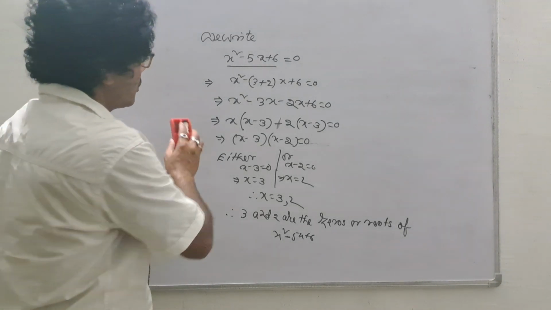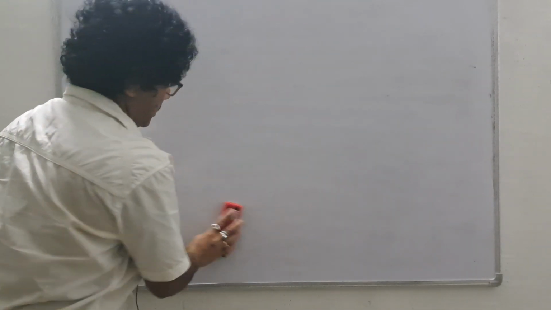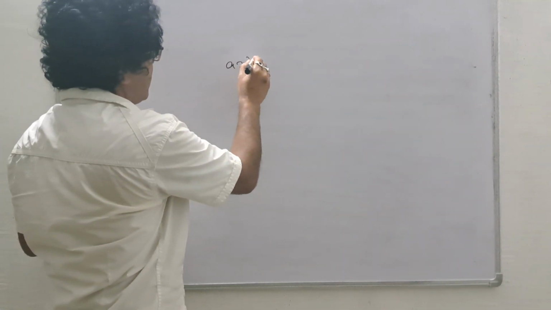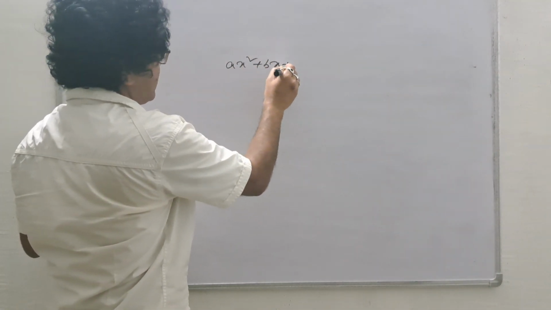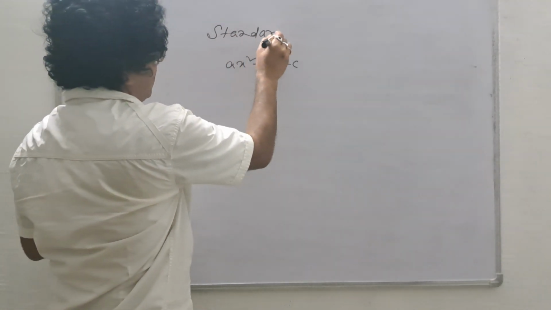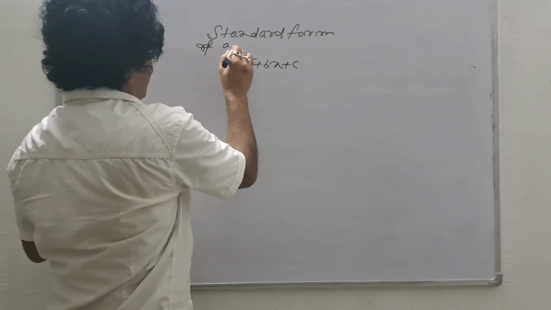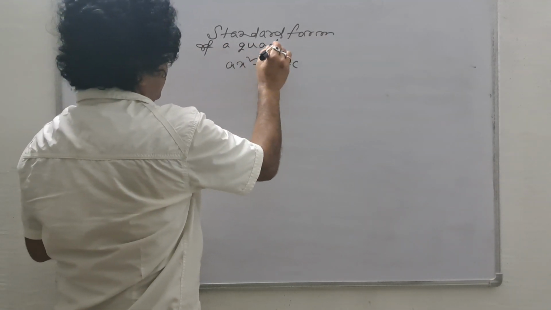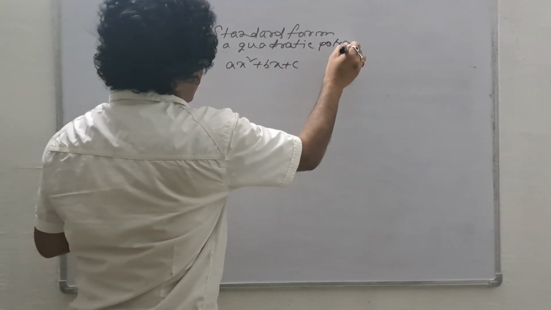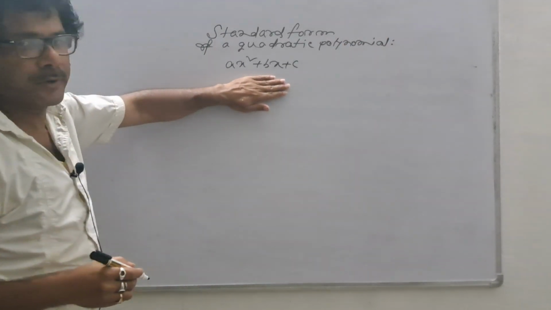Now, ax squared plus bx plus c is the standard form of a quadratic polynomial.